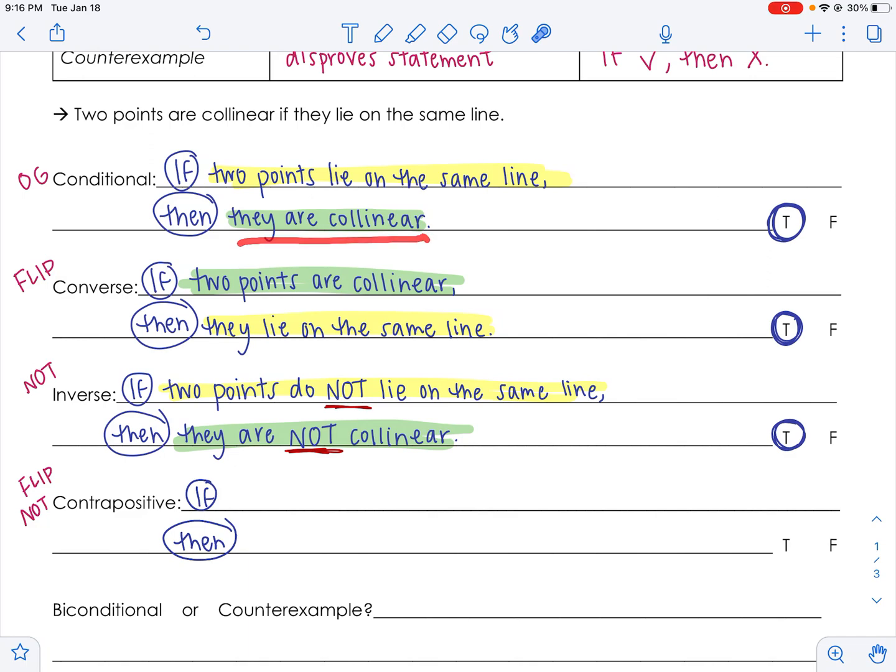So it wouldn't be if they are collinear. It would be if 2 points are not collinear. So if you think about it, I'm kind of just going to where I already flipped it. I'm going there and I'm just adding the word not. So if 2 points are not collinear, then they do not lie on the same line.